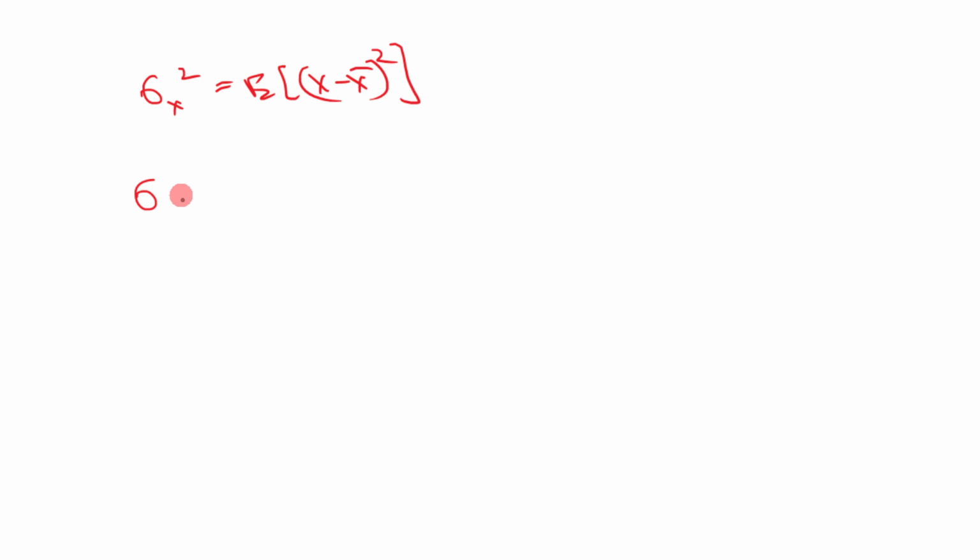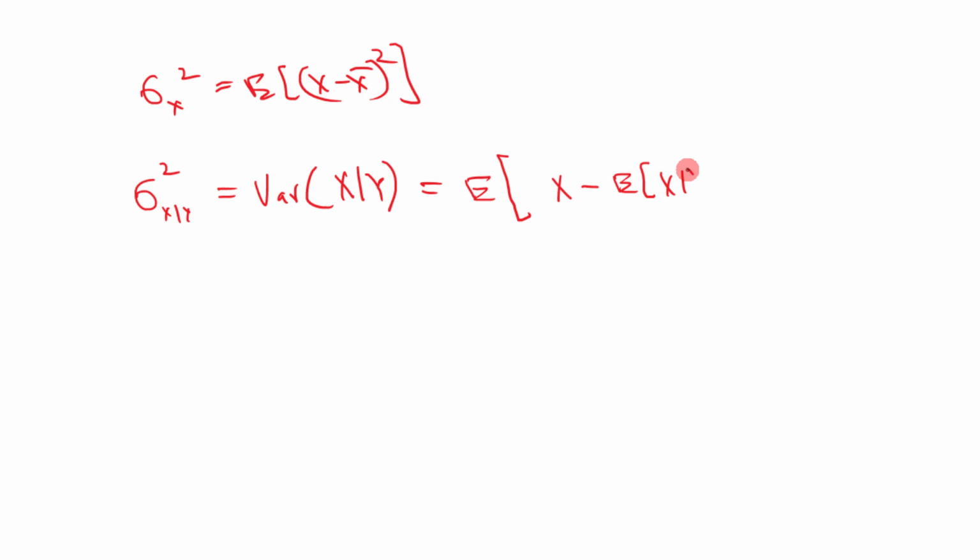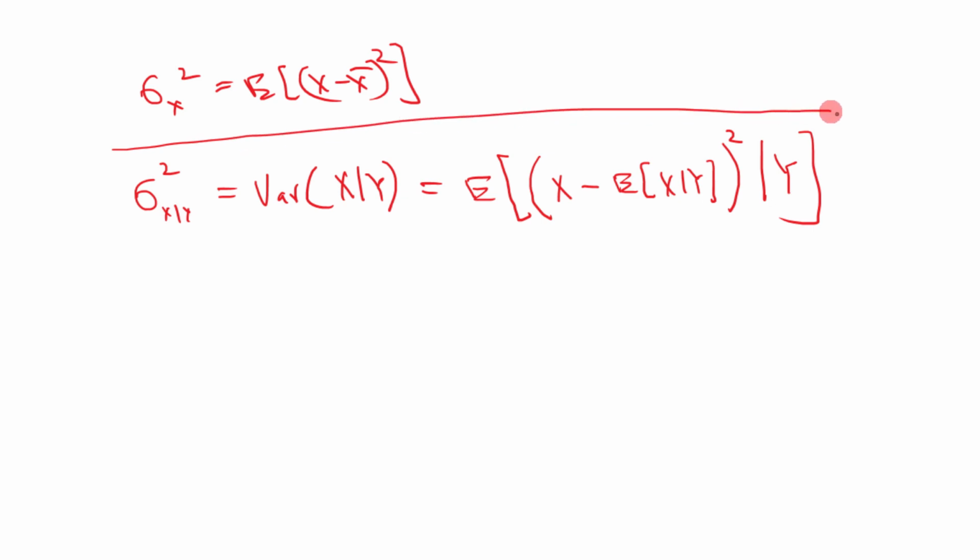So conditional variance can be defined as variance of x given y, or you can write it like this, equal to the expectation of x minus the expected value of x given y, whole square, given y. This is the definition of conditional variance.